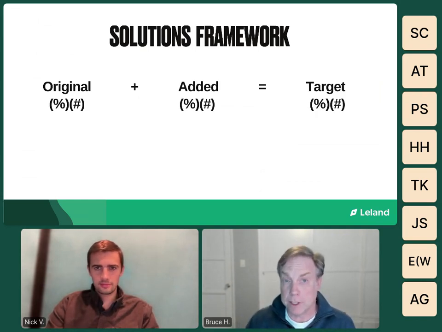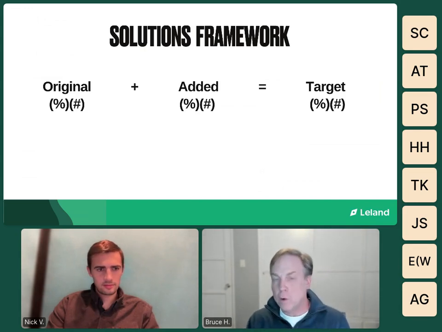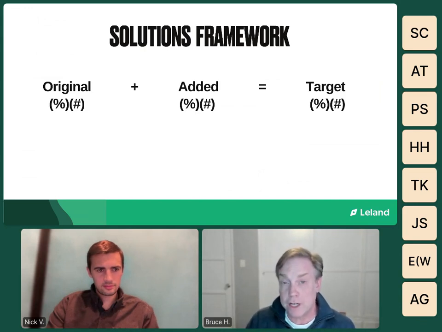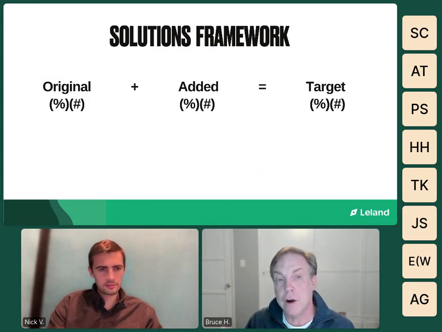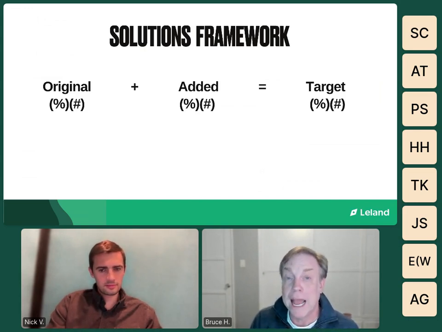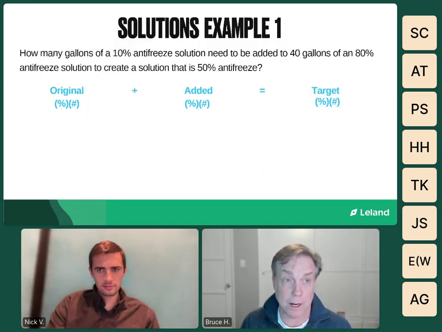Oftentimes on solutions, it's almost a little easier than mixtures because I know exactly what the value is. It's this percent or this ratio. So it can seem, and oftentimes it is, a little bit easier to pull out of the question. Let's take a look at a question, and we'll just do the framework here.